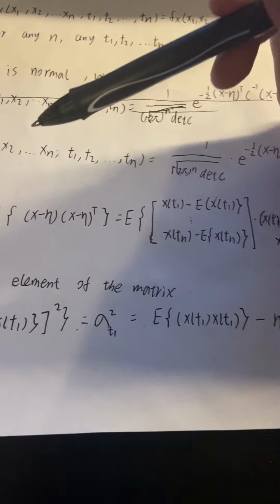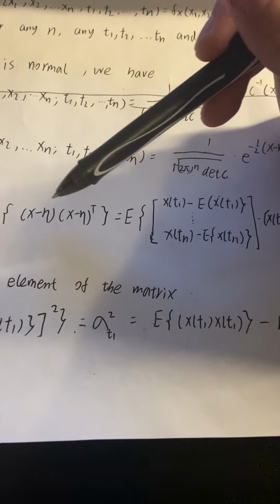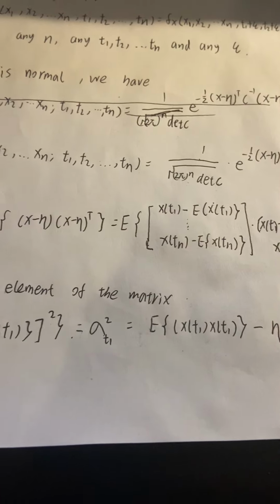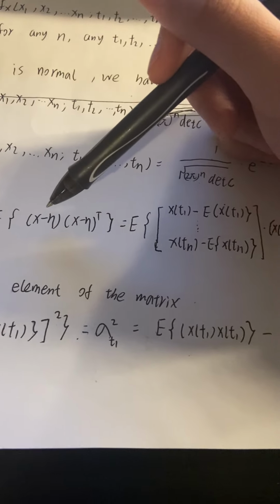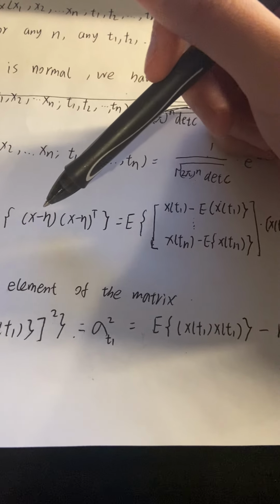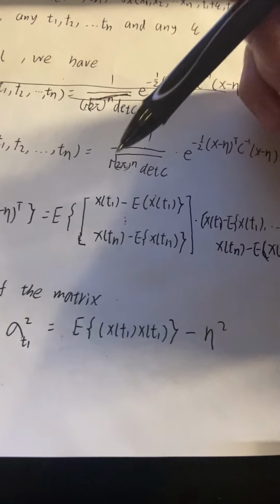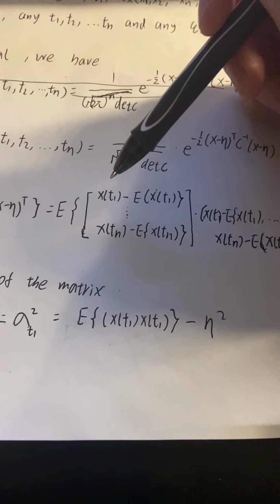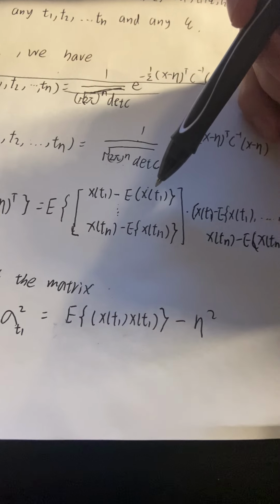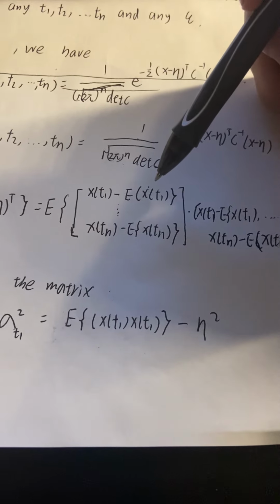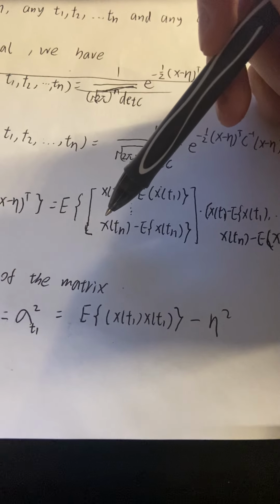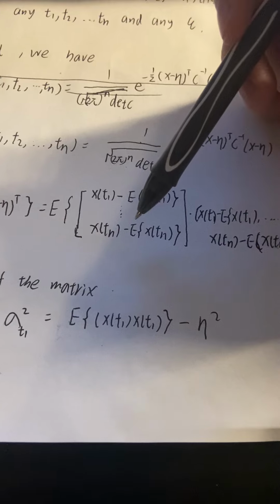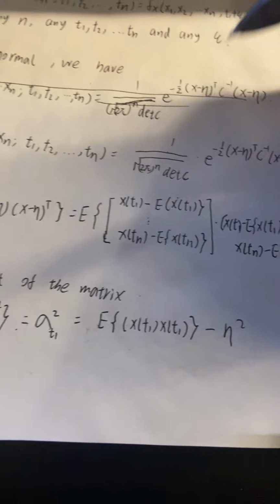And then we can rewrite these two terms in vector form. So x minus eta we can rewrite as x of t1 minus E of x of t1, and so on up to x of tn minus E of x of tn.